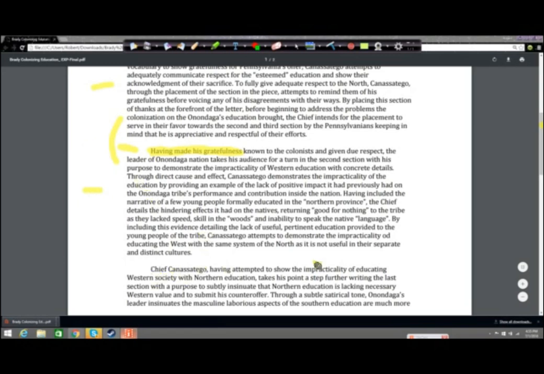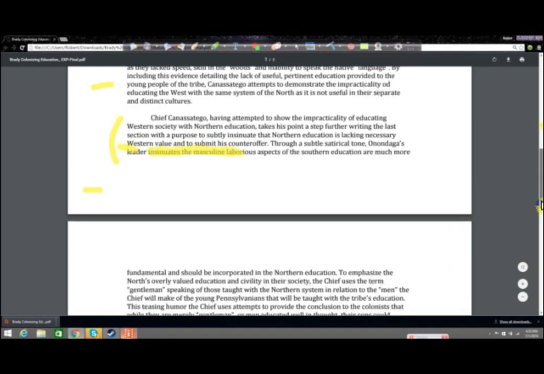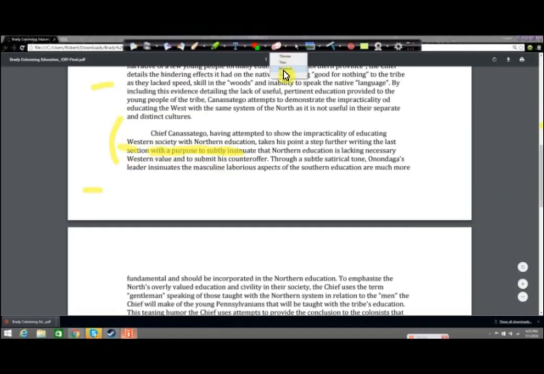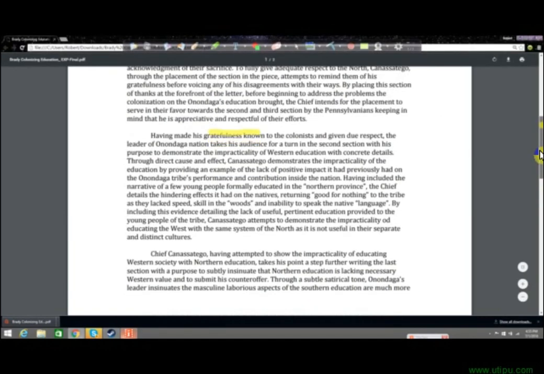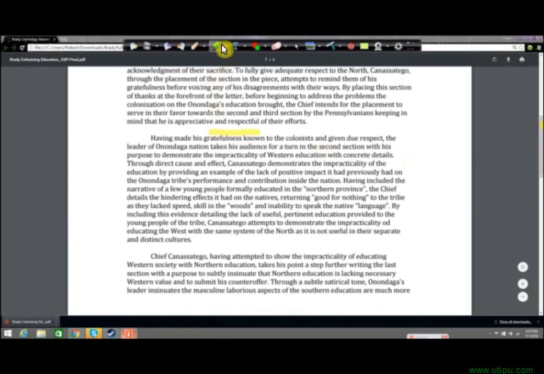And on their next paragraph right after that, you'll notice that their next paragraph has a similarly worded transition. So having attempted, same type of wording as having made.